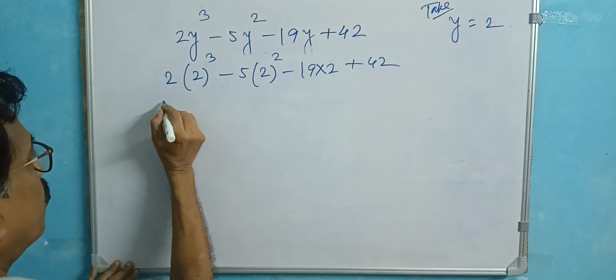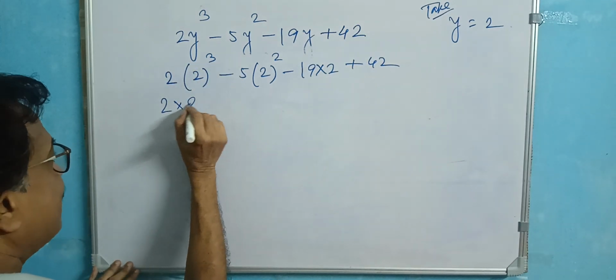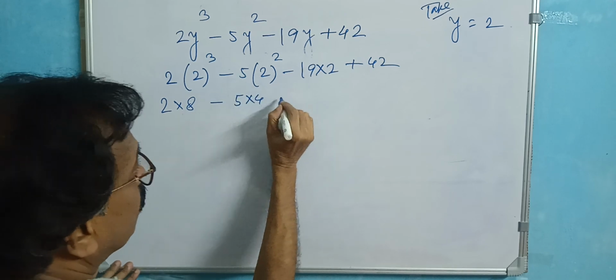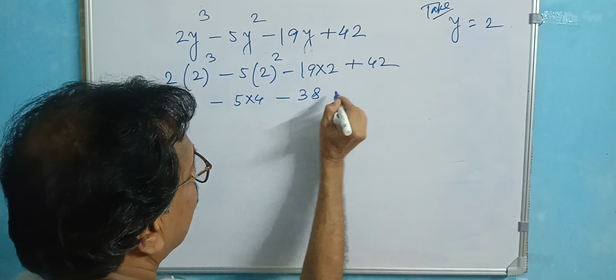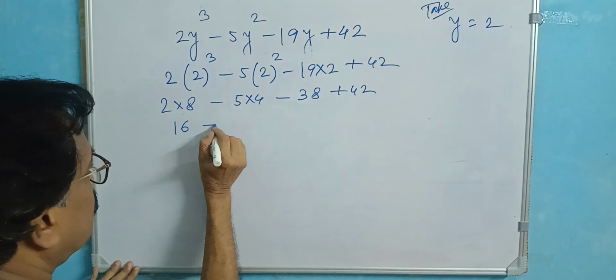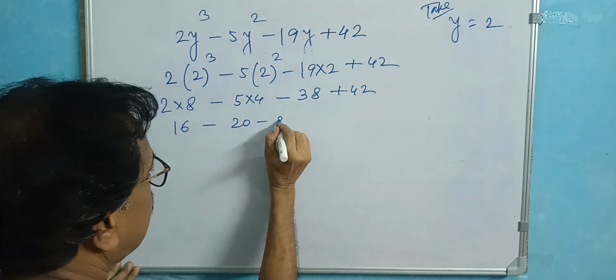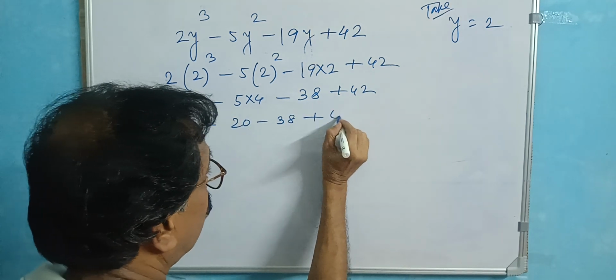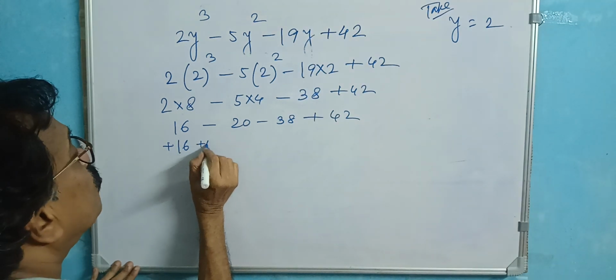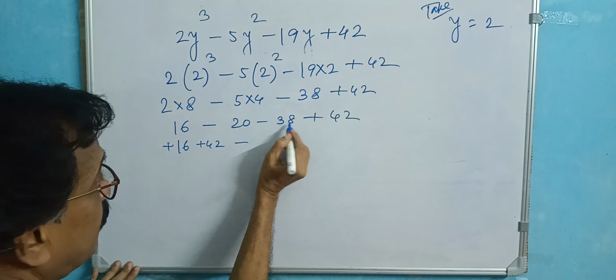Okay, so going with 2: this is 2 cube, 8, this is 5 into 4, this is 38, and this is 42. Okay, so 8 times 2 is 16, this is 20, this is 38, this is plus 42. So plus 16 and plus 42. Here is minus 38 and 20.